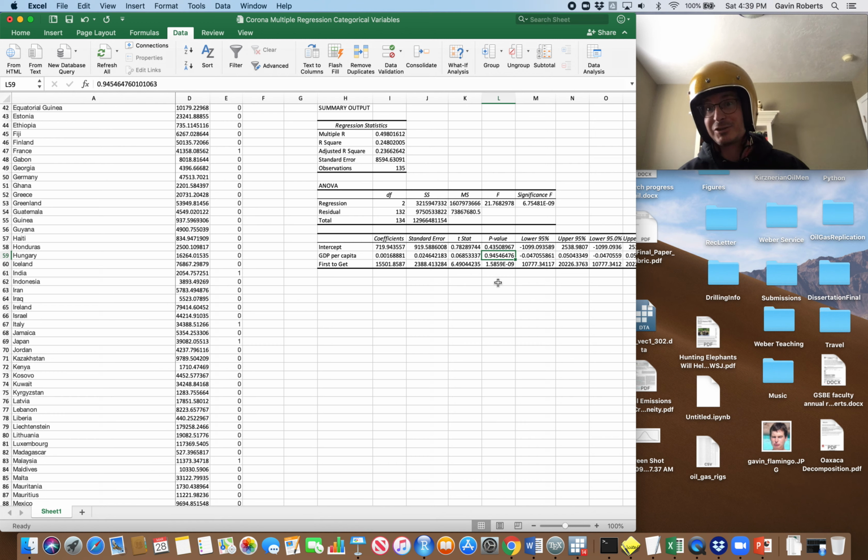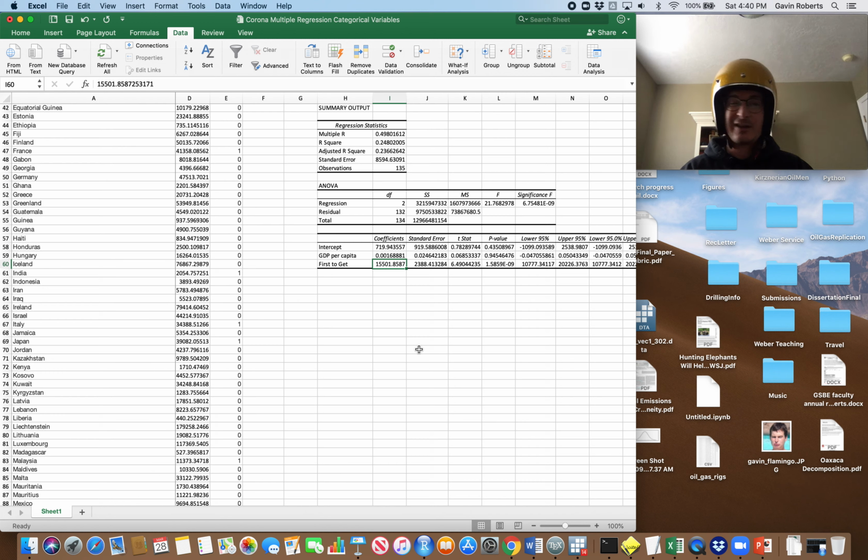There's almost a 100% chance of getting that estimate in a world where the truth is 0. So that probably has no impact, and we saw that before with deaths too. So basically this first to get variable is explaining all by itself, even though it's only zeros and ones, 25% of the total variation in the coronavirus case data.